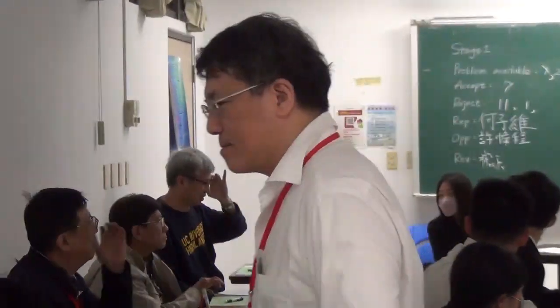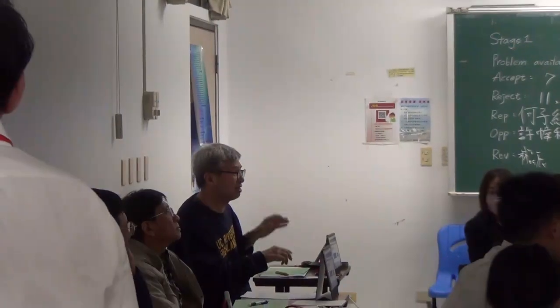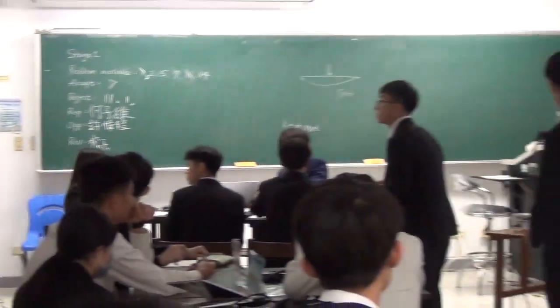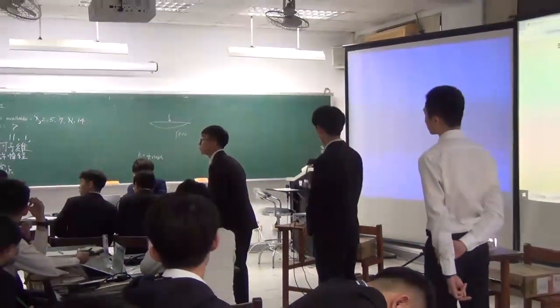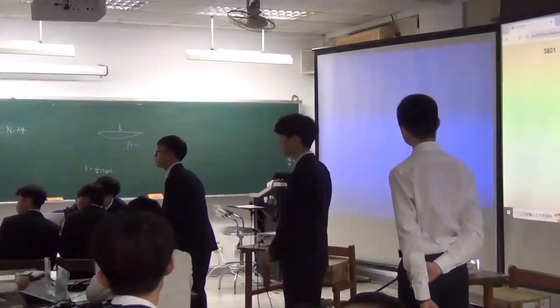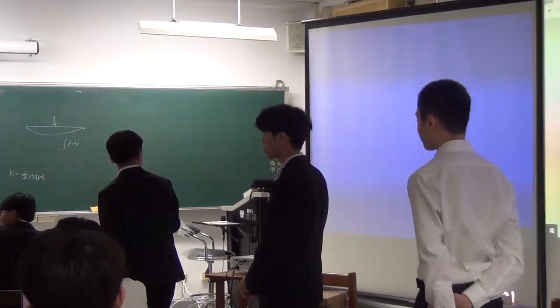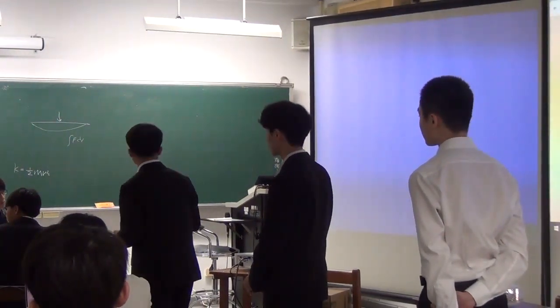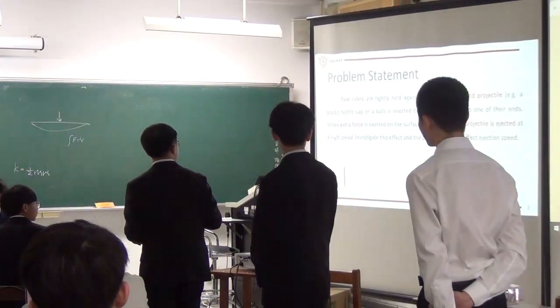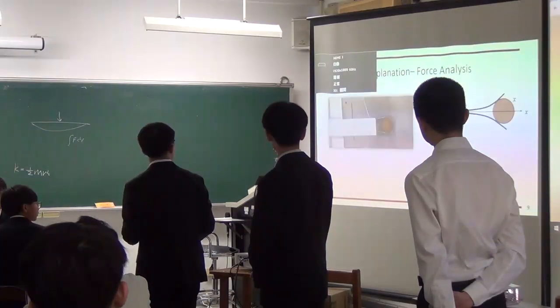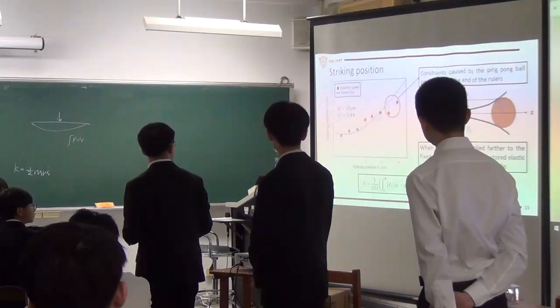For the reporter here, could you show me the slide where you show the value of your acting force, F1, and the acting time? Is that table from your slide? The acting time and acting force.